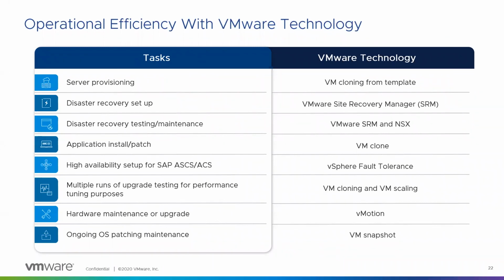So vMotion, right? In a virtualized environment, we can maintain and do updates of ESX hosts without ever causing any disruption to our workload. And literally, our users wouldn't even know we are doing ESX updates and vSphere updates.